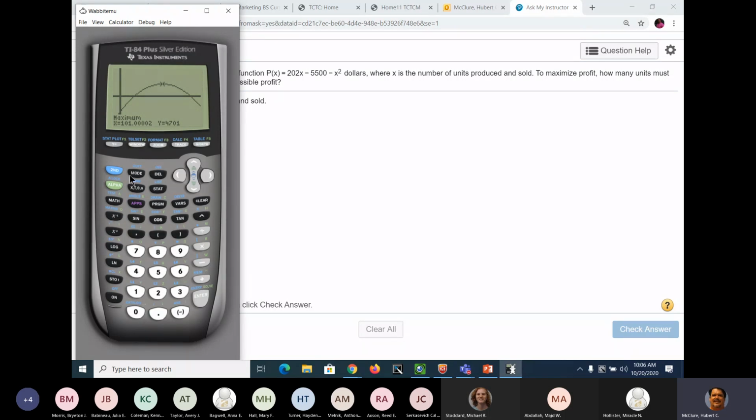All right, so second trace, let's find the X-intercept. I'm going to put a left-hand bound right there and a right-hand bound right there. And a guess. 169.56, and 0.